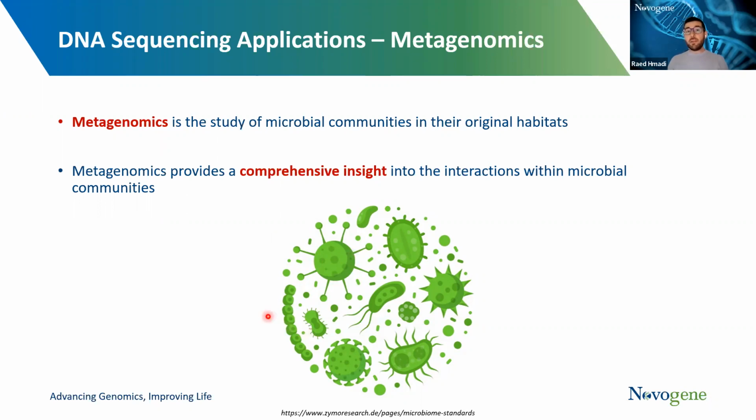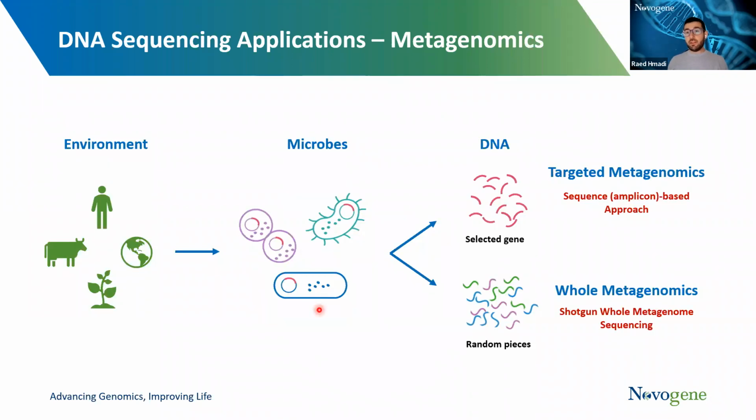Metagenomics can be performed in one of two approaches. The first one is more targeted, and that is commonly known as amplicon-based metagenomics. Using this approach, what we are going to do is the following. After extracting the DNA from the microbial community, we are going to sequence only a selected set of marker genes that we think are present there within the community.